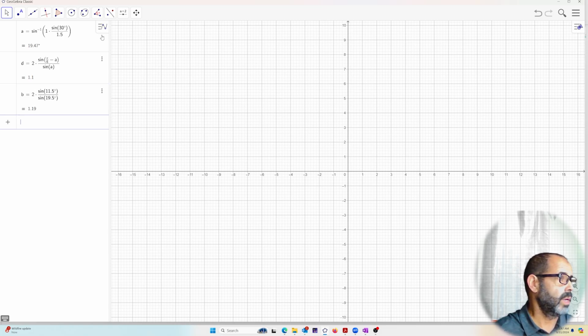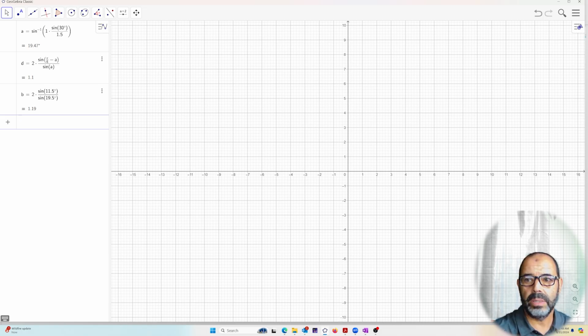It's 1.19. So somehow the rounding in here is giving me a little bit of a different answer, because you're dealing with small angles, so small variations of that is really going to affect the answer. So the answer is a little over 1.1, around 1.1 centimeters. Okay.